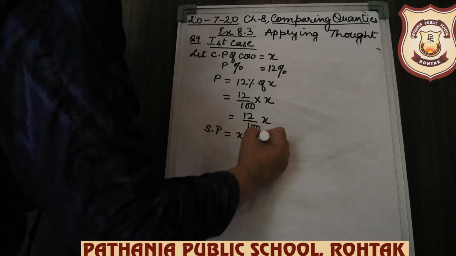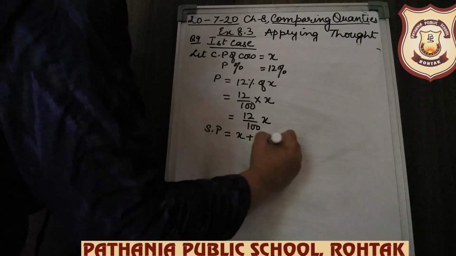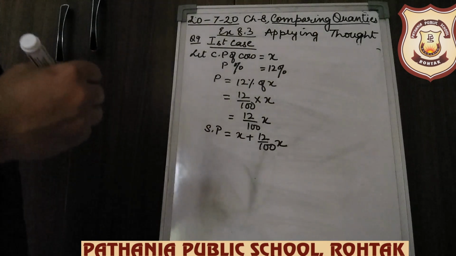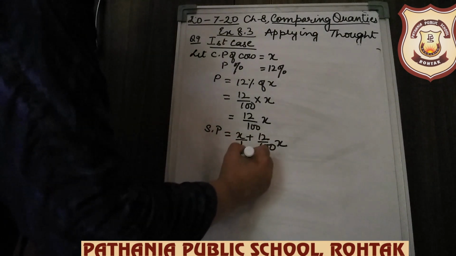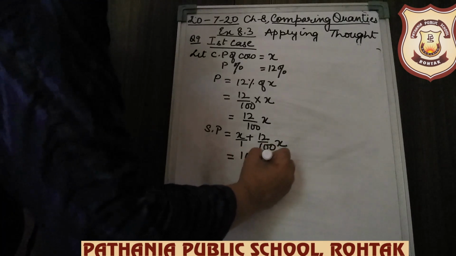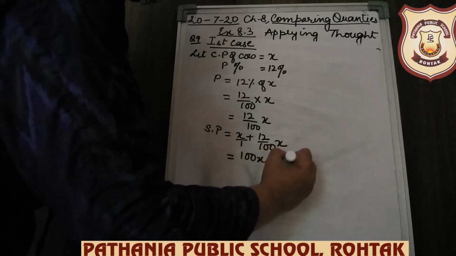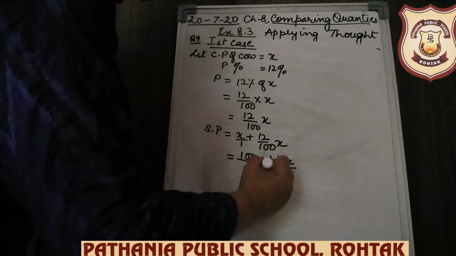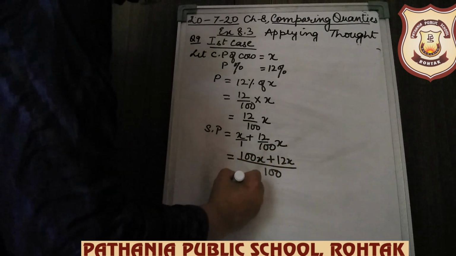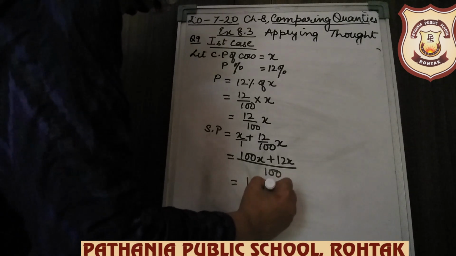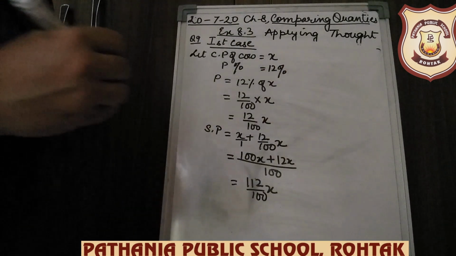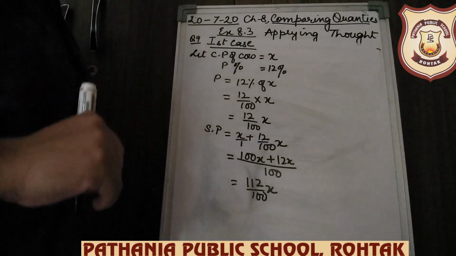X plus 12 upon 100 X, and here I told you to write 1, so it is 100X plus 12X upon 100, that is 112 upon 100 X. This is the SP.